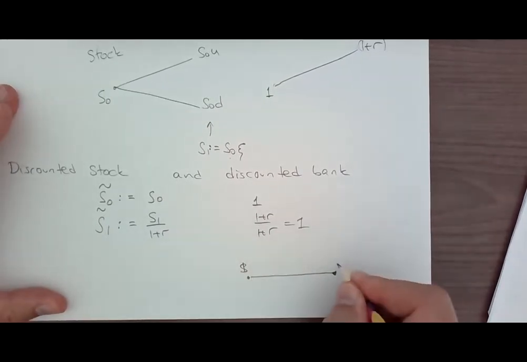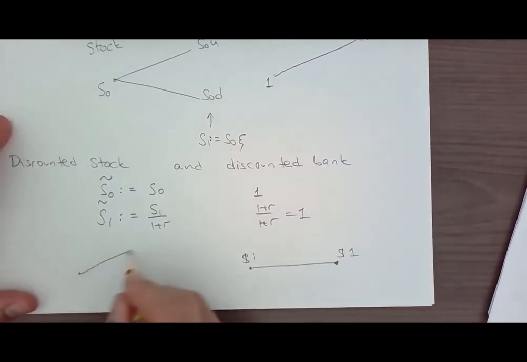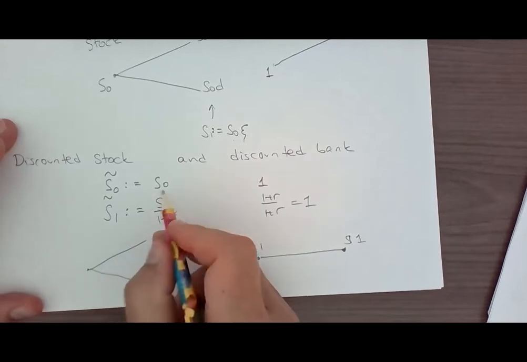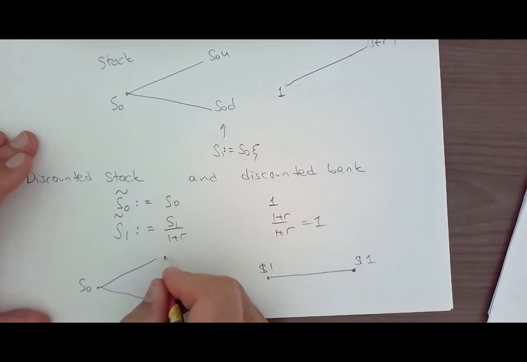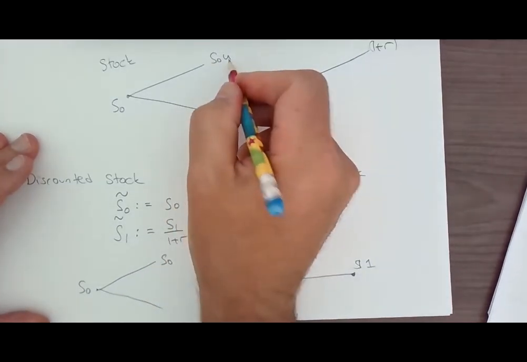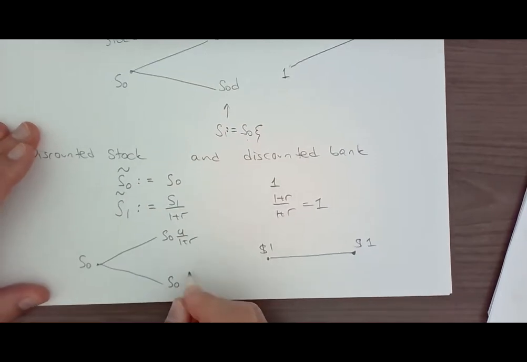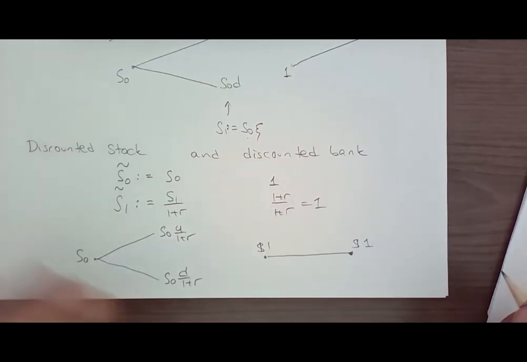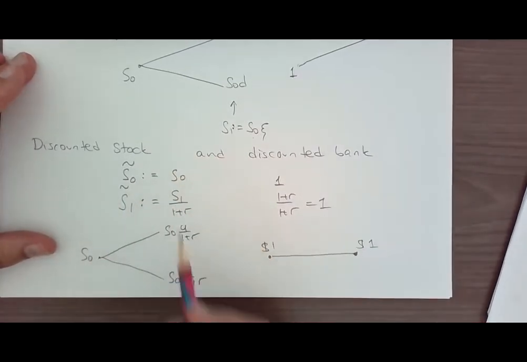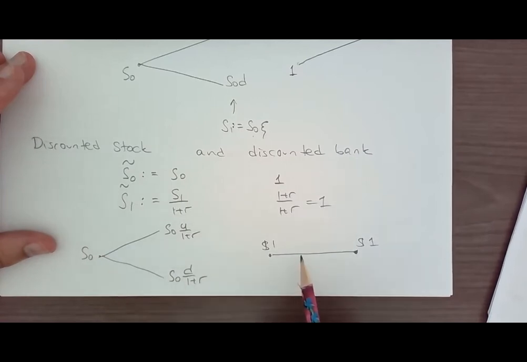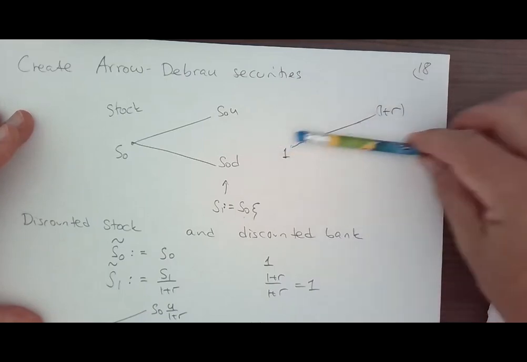It'll be $1 here, and $1 over here. The stock is going to be different. Initially it's going to be S0, and then at the end, it's going to be S0 times U divided by 1 plus R, and S0 times D divided by 1 plus R. These are my discounted prices. I discount the stock by the bank, and I get a new set of prices. The only thing I did was level out the line for the bank account. It just became flat.